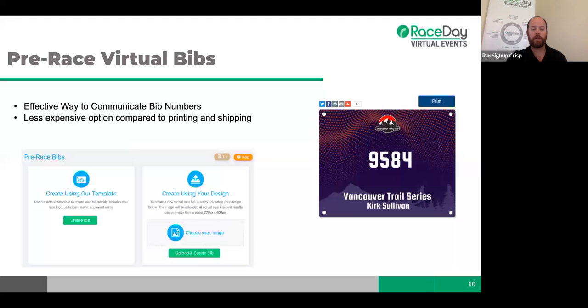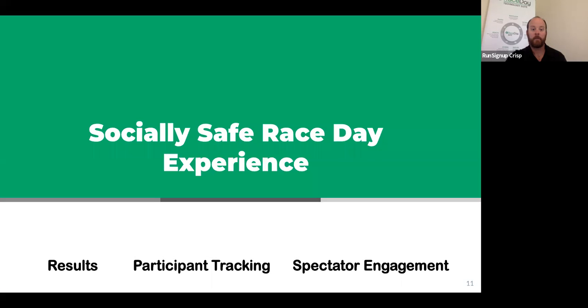You can design that in Illustrator or Photoshop, put all of your sponsors on there, put anything you want on there, and then drop it in. And then you can use some of the replacement tags for bib number or name or something like that on there. And you don't have to mail it. They already have it. It's again, a super clean way of getting this information out.